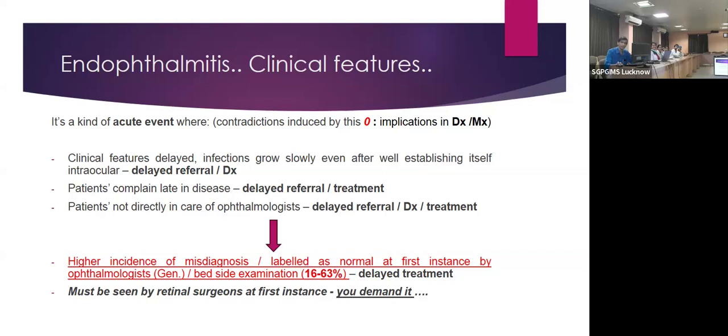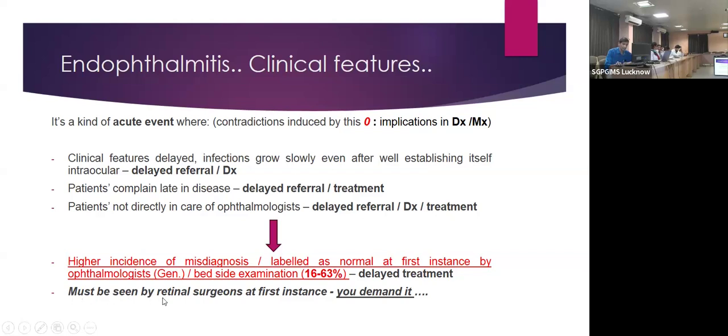So even if the patient comes to the ophthalmologist, there is no guarantee that they would be diagnosed clearly and rightly. After that, diagnosis may be delayed. So you can understand why the prognosis is worst in these cases.